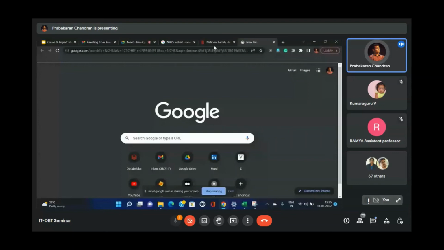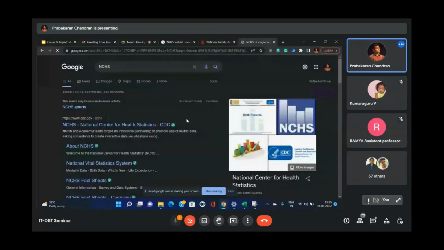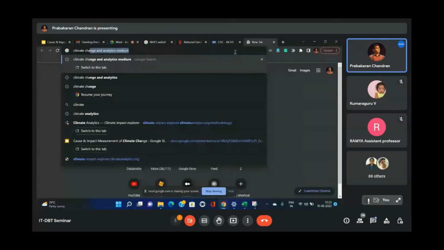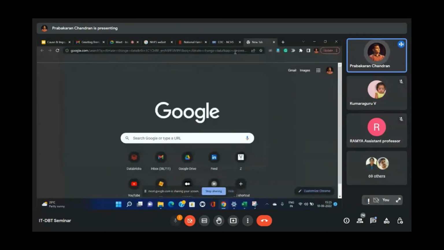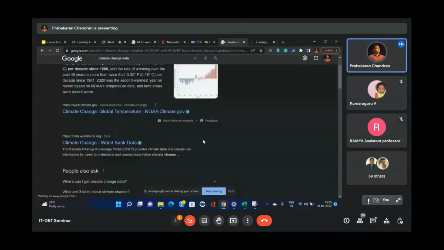One is the National Center for Health Statistics, through which you can get various disease or health related data for a particular region, so that you'll be able to understand the relationship between disease and climate change. You can get climate change data from the World Bank data bank, which is a government agency worldwide.